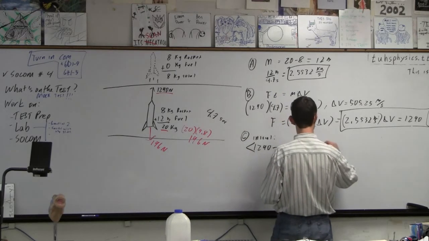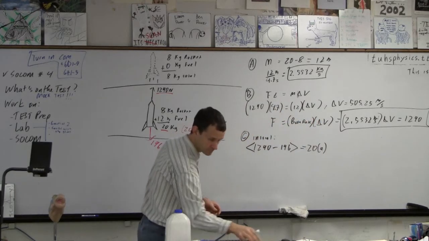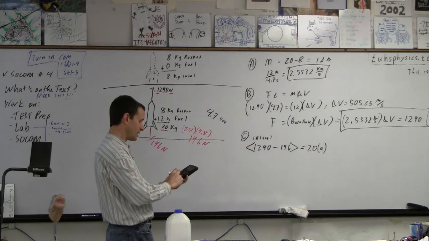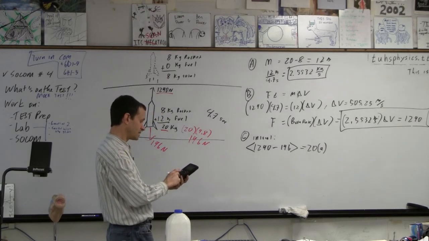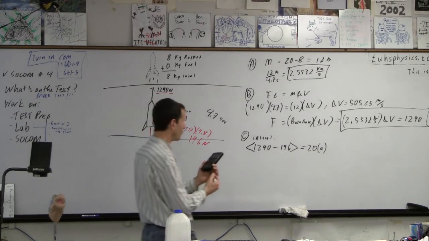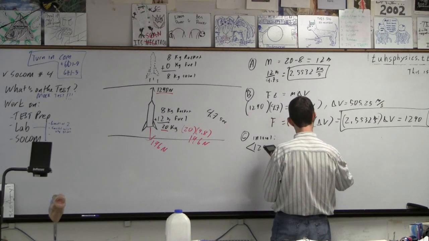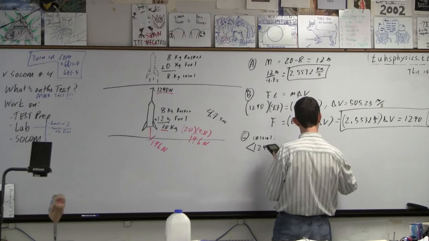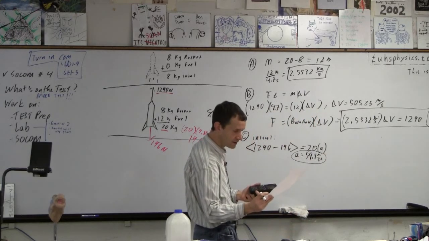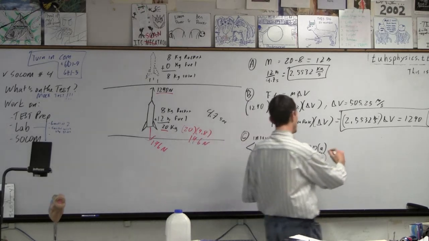Equals 20 times A. So 1290 minus 196 divided by 20, 54.7. Yeah? Did I get that one right? Yes, I did.